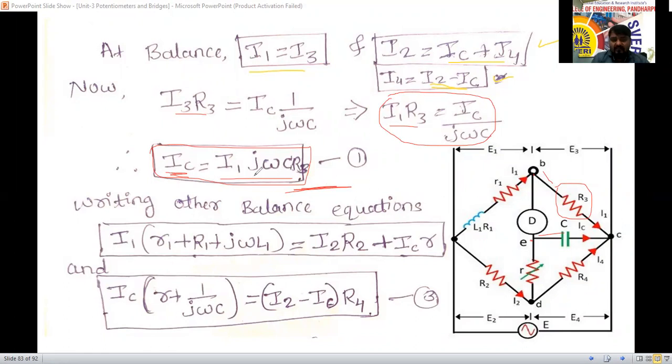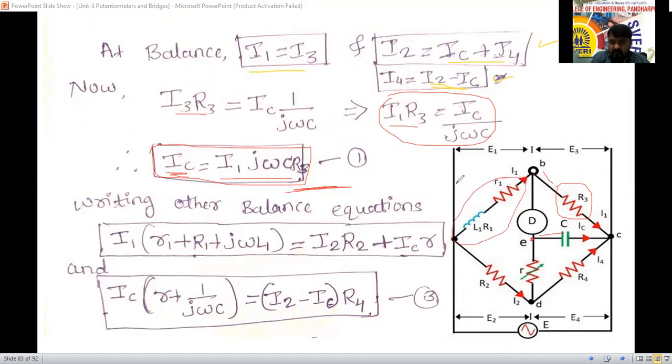This is the IC formula we have derived. Next, at the balance condition, this form is done. Next, from here to here, A to B and A to E, where the galvanometer or detector is connected at the points B and E. Now A to B and A to E we have to identify. So A to E, what is the voltage drop here?